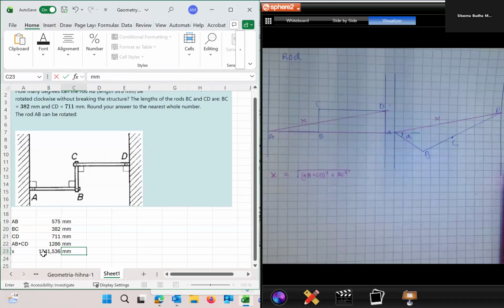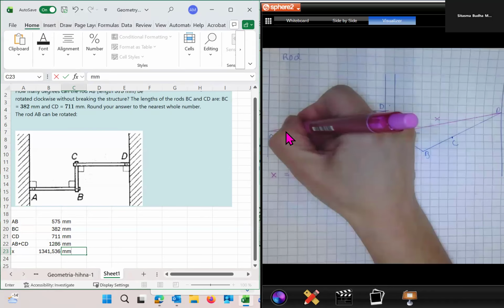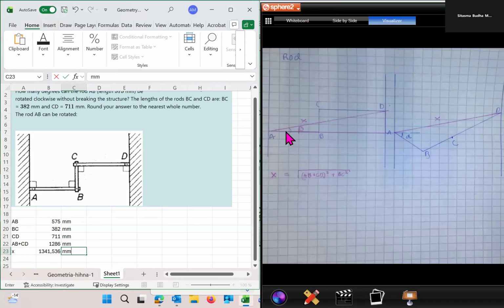And now this would be fairly simple. Then I have to calculate the whole angle. But first I can calculate the small angle. I can mark it with beta, for example, if the other one is alpha. If I can find that symbol from my Excel.